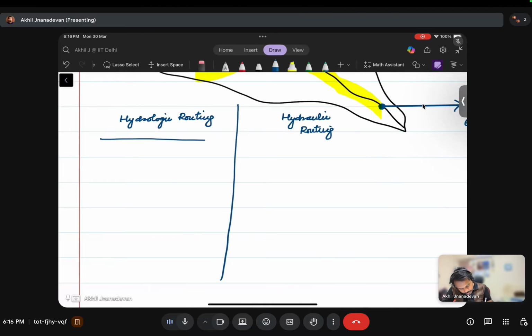So we need to understand the differences here. Both are methods that are used to find the downstream hydrograph given the upstream hydrograph. Okay, so both are different types of routing techniques.